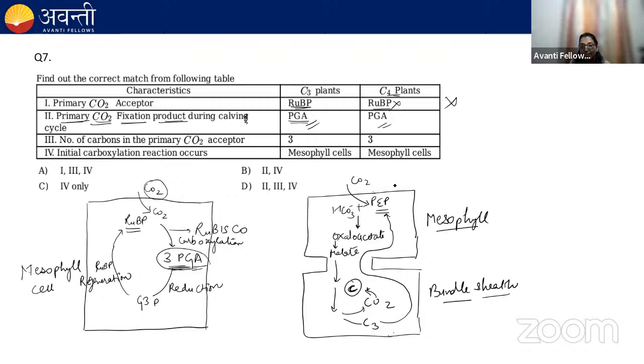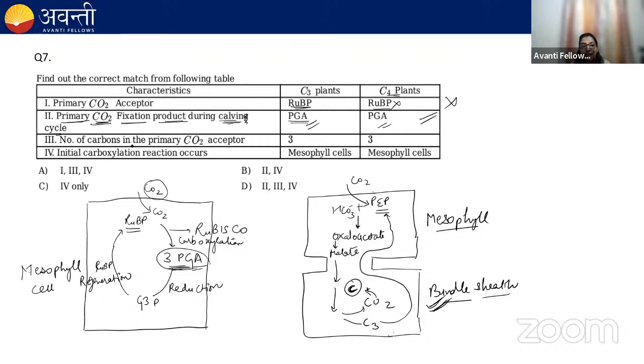Please remember that the Calvin cycle also takes place in C4 plant and it occurs in bundle sheath cell. So here also in bundle sheath cell the Calvin cycle is taking place, and they're asking about the Calvin cycle. So here also the first CO2 fixation product during Calvin cycle will be 3-PGA. So the second statement is correct.